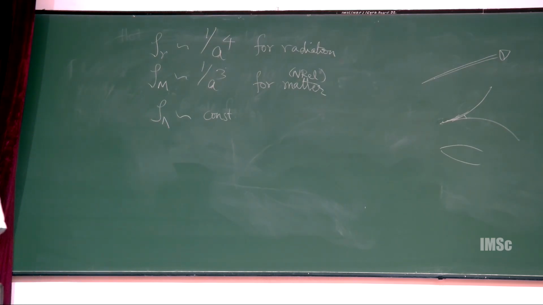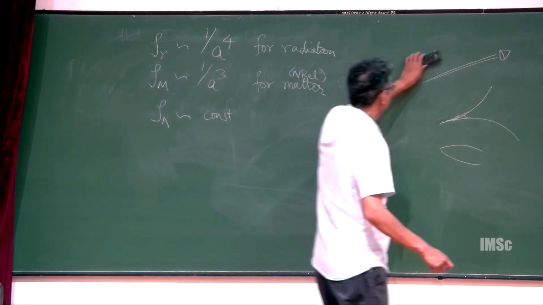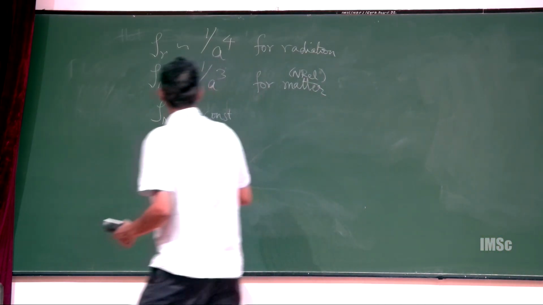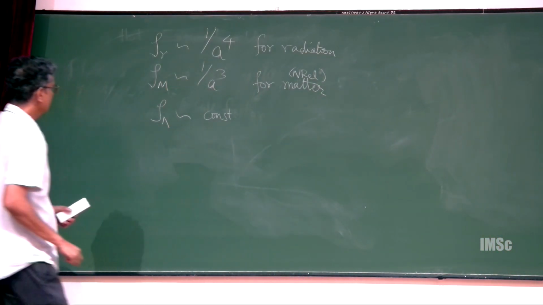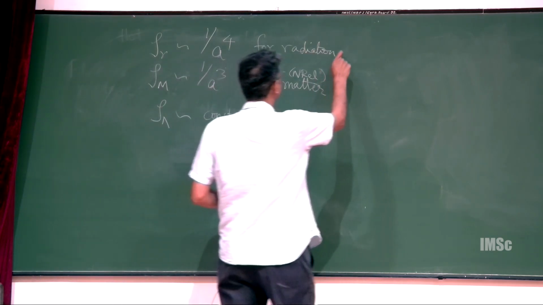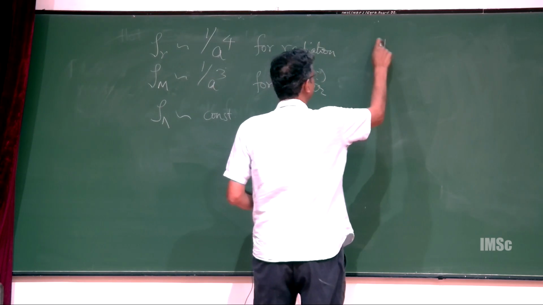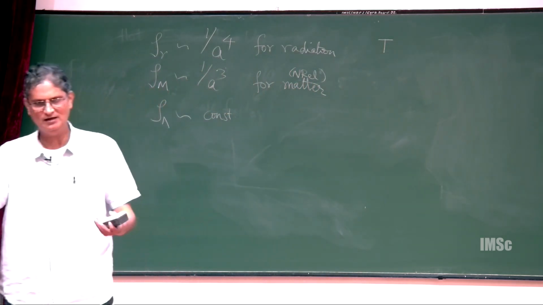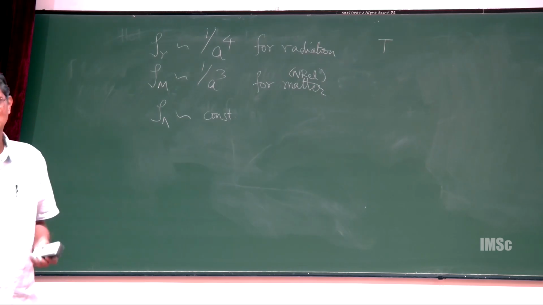So all of this we don't need. This is all a big aside. What we will need are these kinds of relationships. And so the question that was asked: when we say temperature, we only think of basically keeping track of relativistic matter.